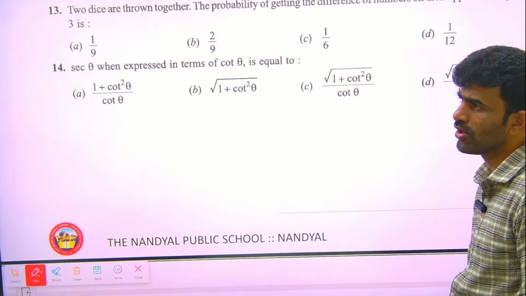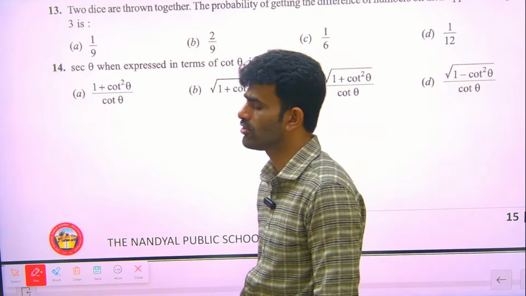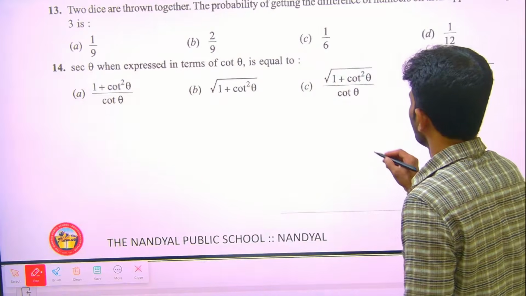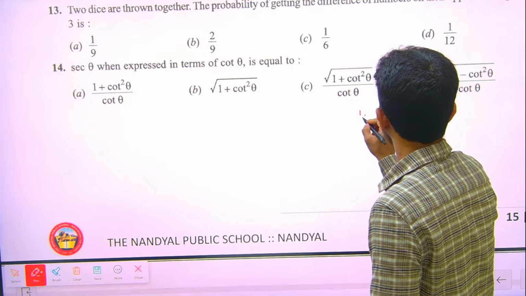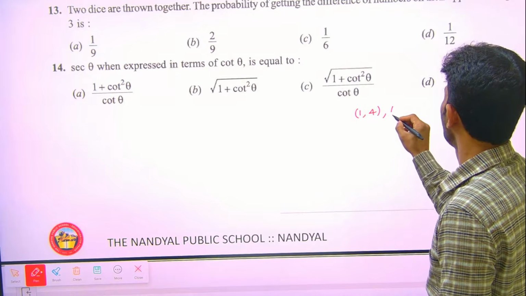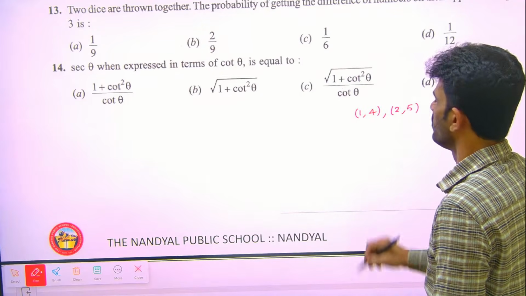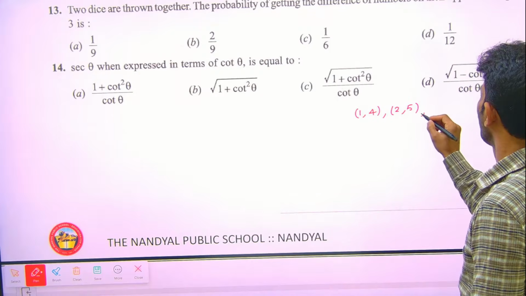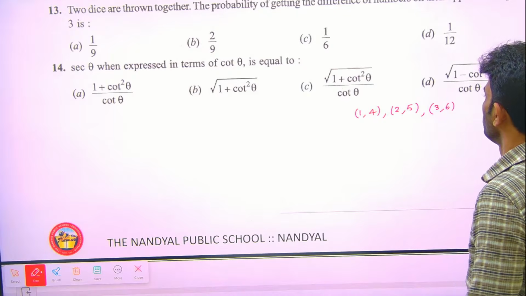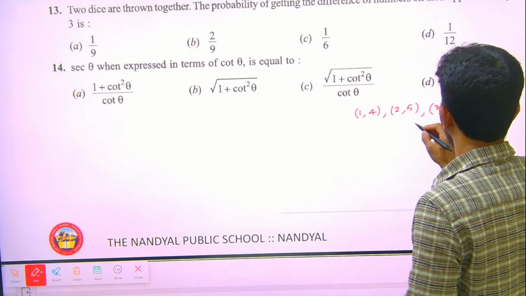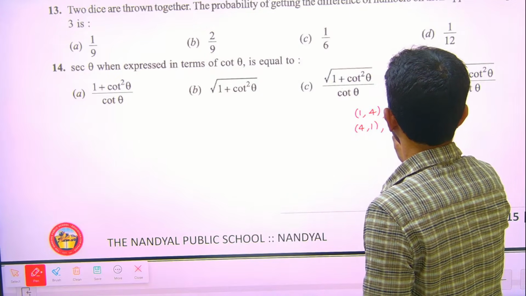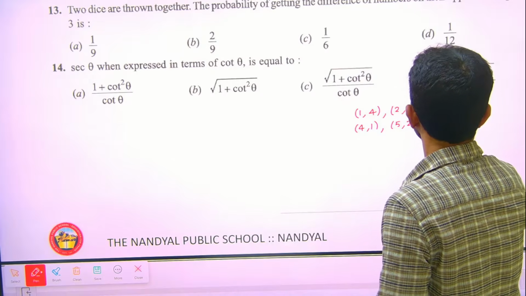What are the possible outcomes such that the difference of the two faces is 3? We start with 1 comma 4, because 4 minus 1 is 3. Next 2 comma 5, 5 minus 2 is 3. Then 3 comma 6. Then similarly the opposite: 4 comma 1, 5 comma 2, 6 comma 3 also.